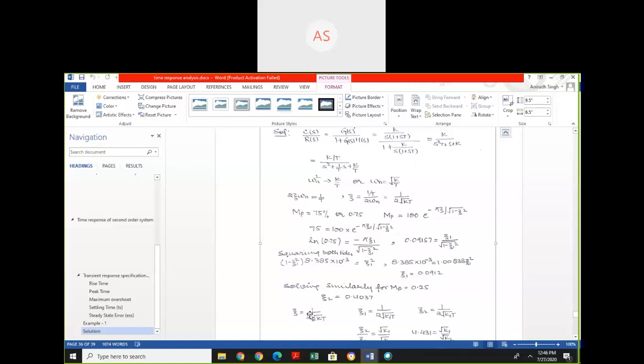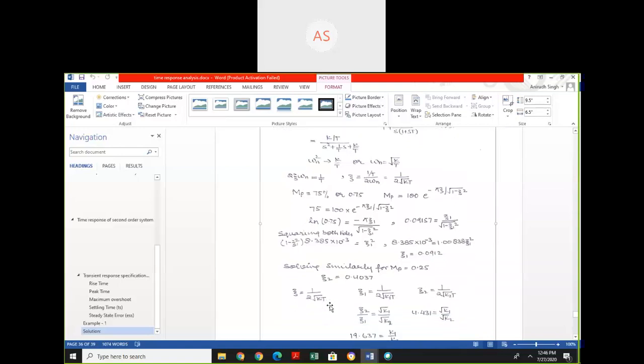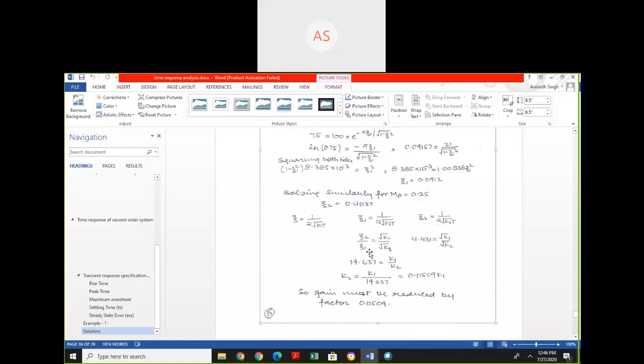Similarly, solving for Mp, you get the value of zeta 2 and by using this formula zeta 2 by zeta 1 is given by this, and if we substitute the value of zeta 2 and zeta 1, we get the value of K2 equal to K1 divided by 19.637, which is this. The gain must be reduced by a factor of 0.0509.